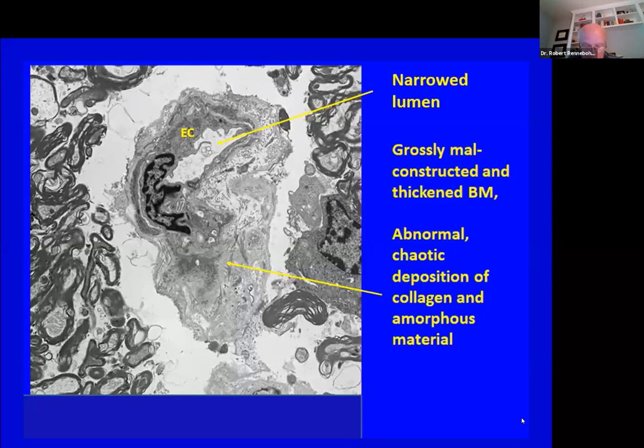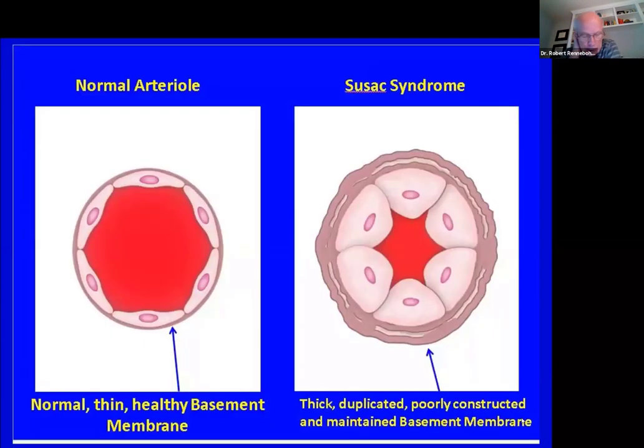And there's abnormal chaotic deposition of collagen and amorphous material within the basement membrane. And the endothelial cell is sick and the lumen is narrowed. So Susac syndrome is both an endotheliopathy and a basement membranopathy. And as you can imagine, this basement membranopathy has the potential to cause abnormal diffusion of oxygen.